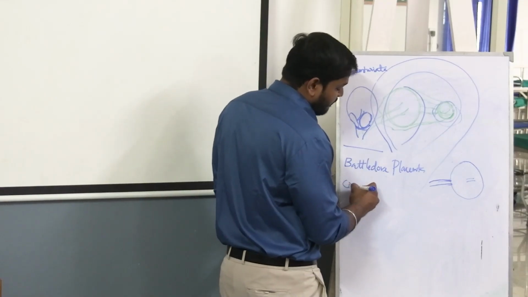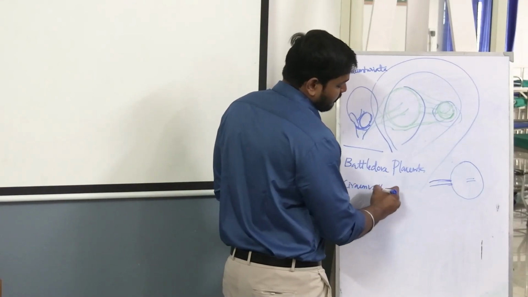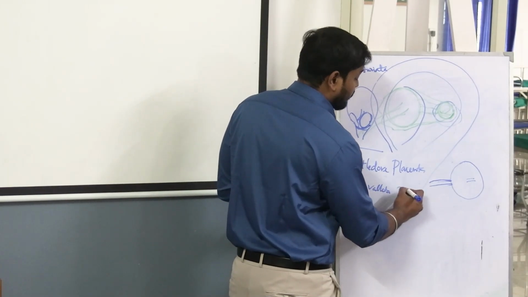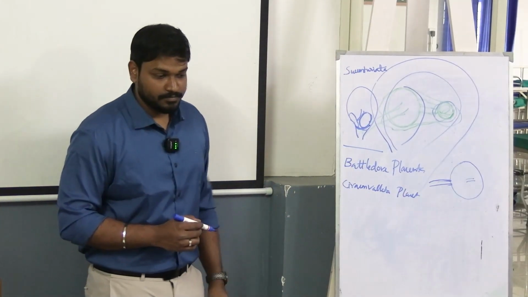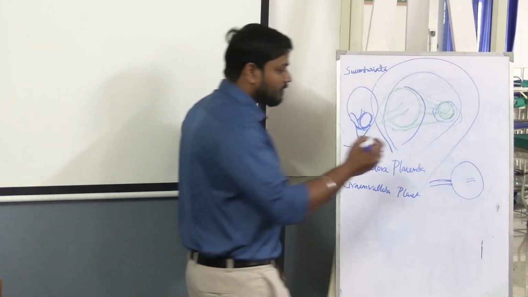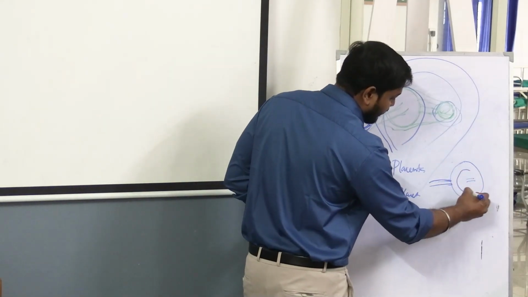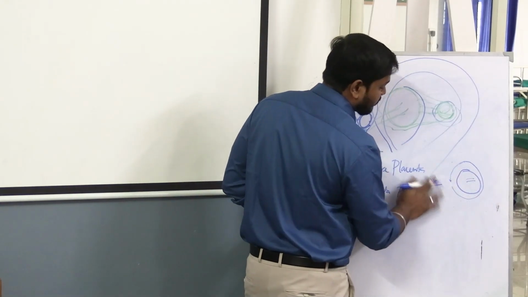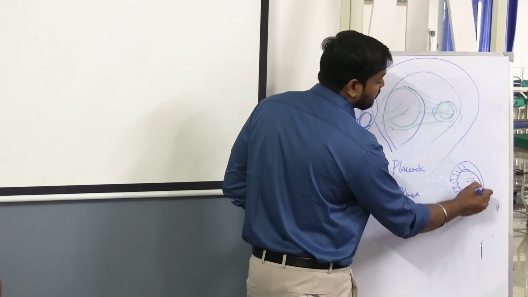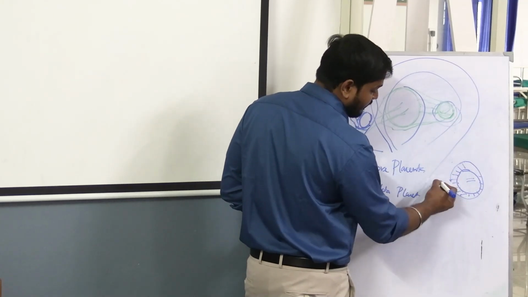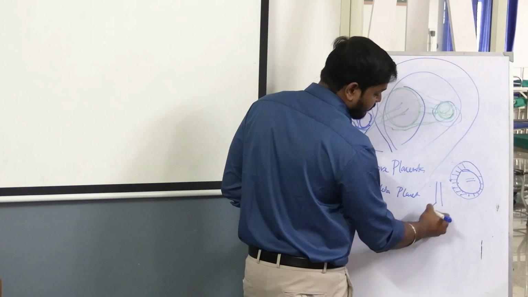What is circumvallate placenta? Circumvallate placenta বাইরে একটা রিম থাকে। There is a rim. In cross section you will see like this.